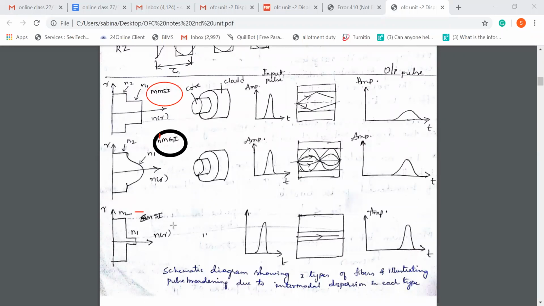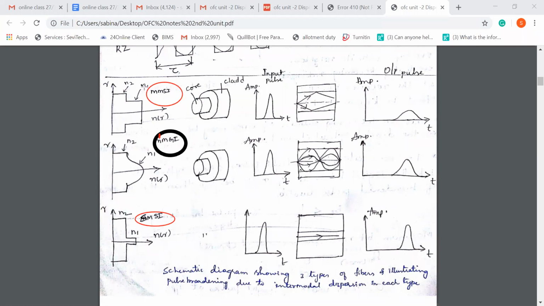So you can see these are the multimode step index optical fiber, this is the multimode graded index optical fiber, and this is a single mode step index optical fiber, right?